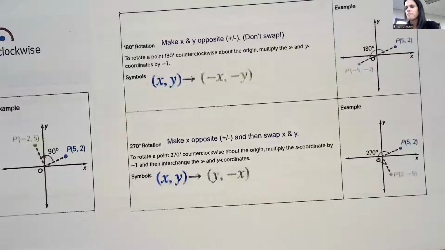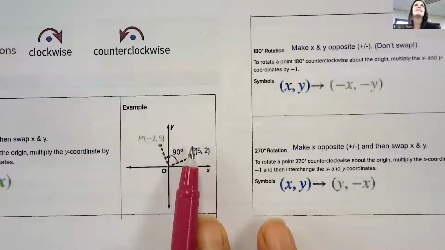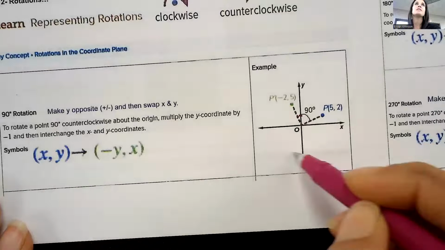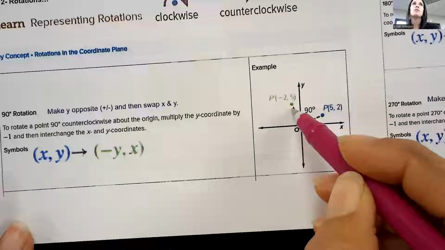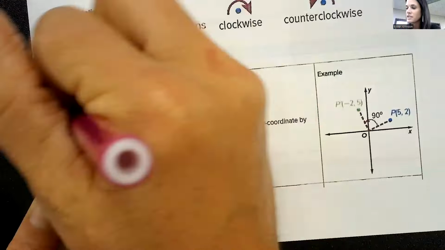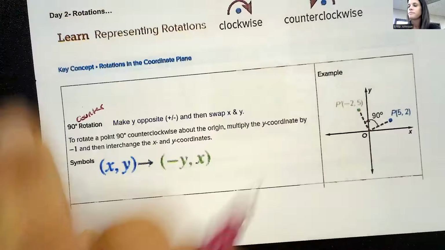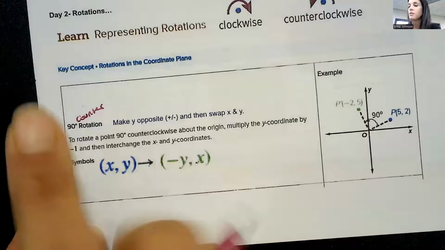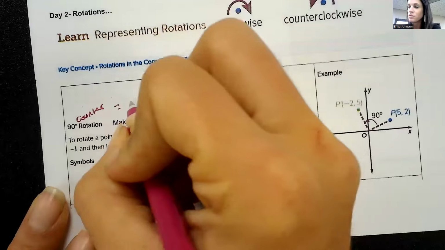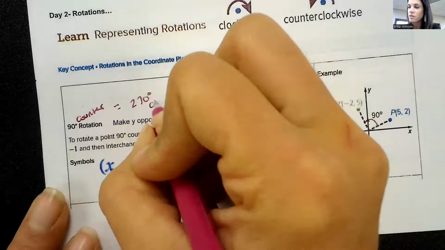Let's talk for a minute. Equivalent to a 90-degree counterclockwise rotation is a 270-degree clockwise rotation. 90 degrees counterclockwise is equal to 270 degrees clockwise.